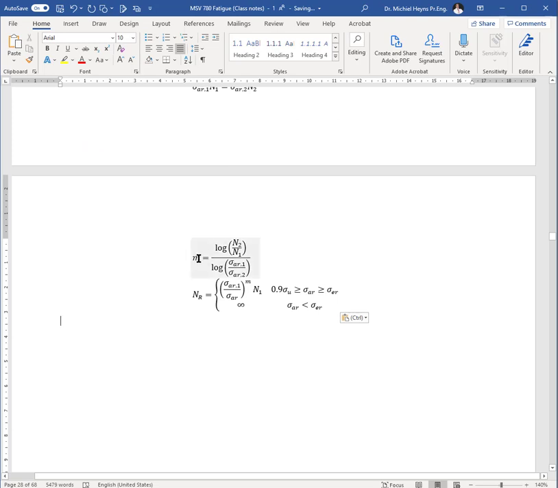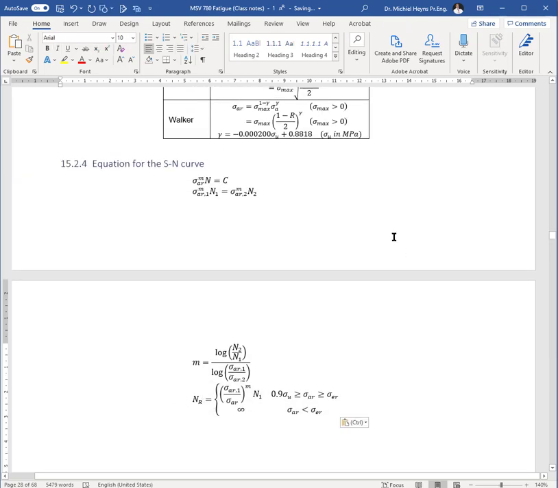I'm going to calculate m, the slope of the S-N curve, and then we're going to use that for any reference point to calculate the endurance.